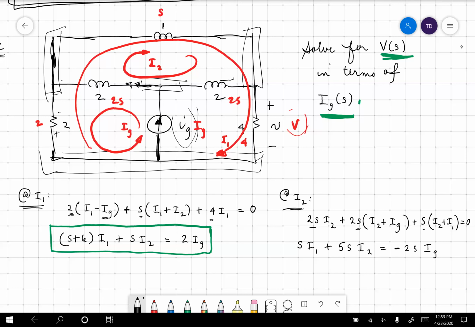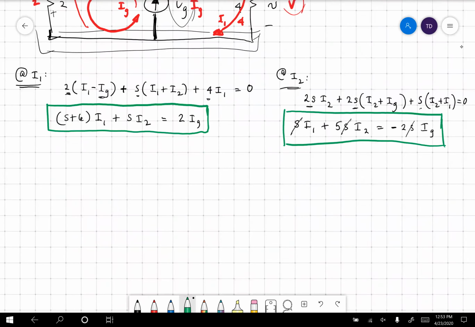Anybody spot anything interesting about this equation? I can divide through by S, right? Right there. So there's our second equation. Beautiful.